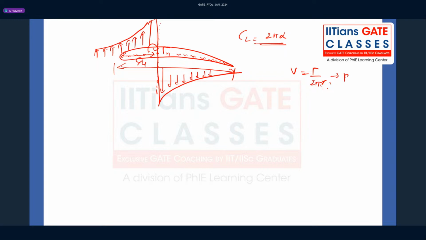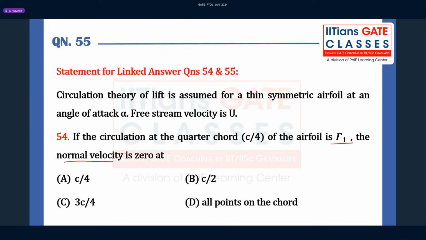This comes from the potential theory. So it increases to infinity. So the normal velocity has to be 0 at what point? So I have 4 points in here.